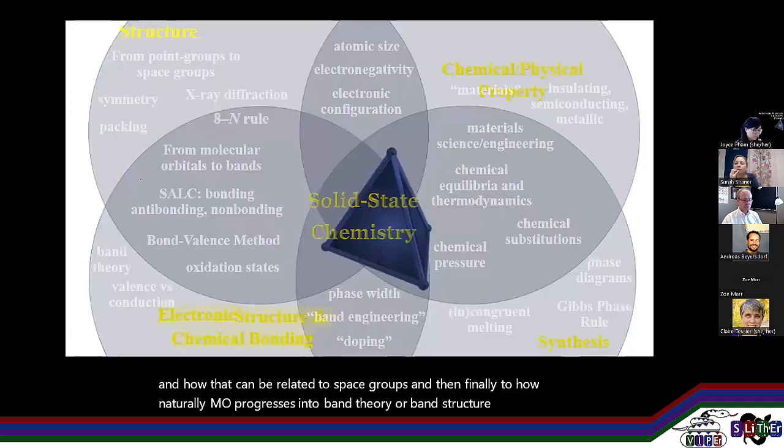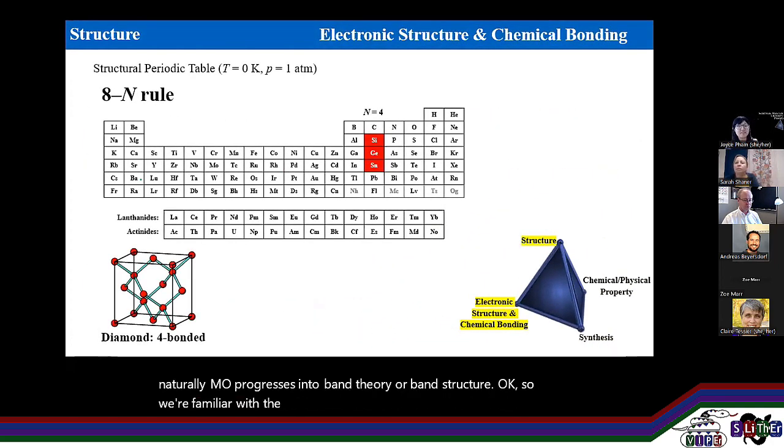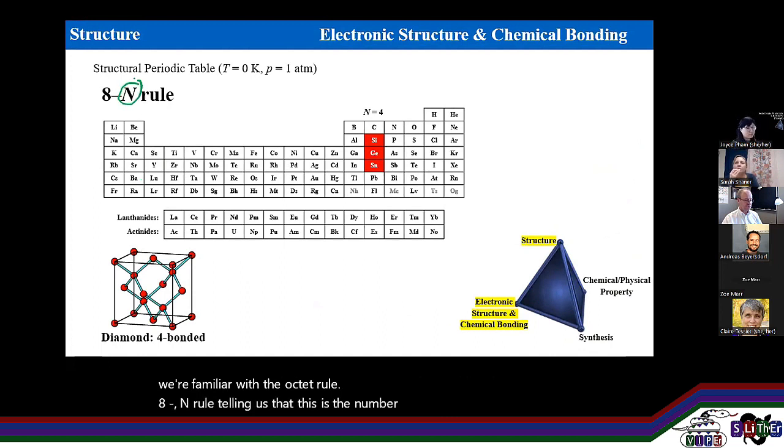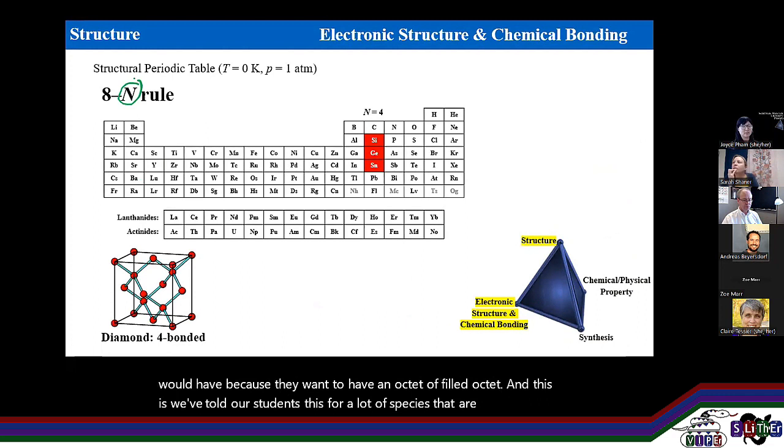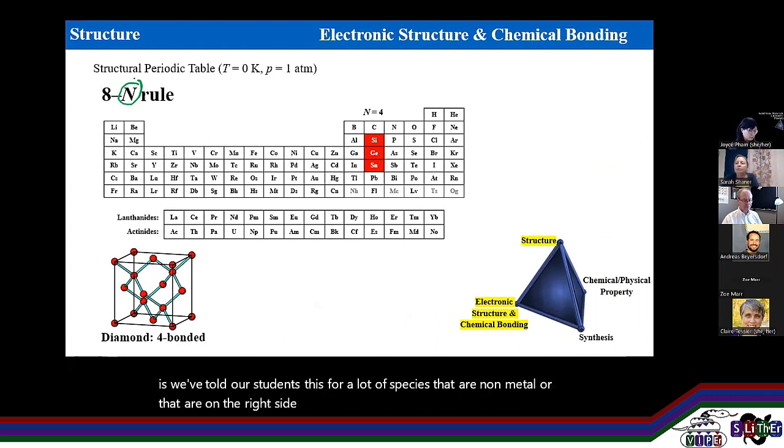Okay, so we're familiar with the octet rule, the 8 minus n rule, telling us the number of bonds that a species would have because they want to have a filled octet. We told our students this for a lot of species that are non-metals or on the right side of the periodic table. I'm using that to further explain this concept here.